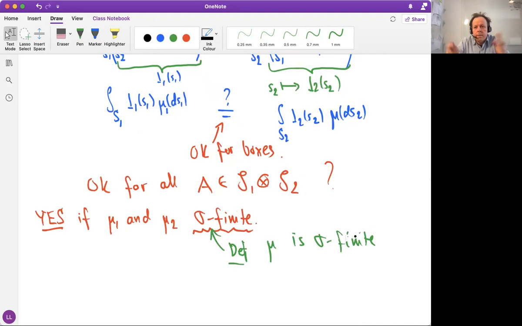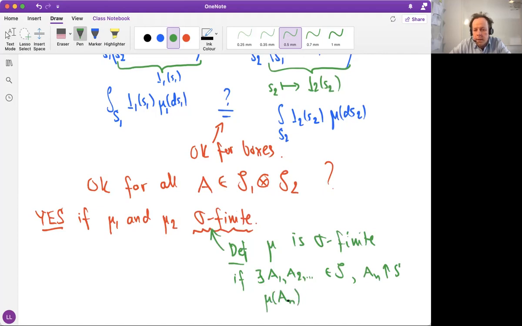But you can have sigma finite if you are not too infinite, namely, if there exists A1, A2, which are measurable sets, and they grow towards the full set. Let's call it S. And each of these sets is finite.